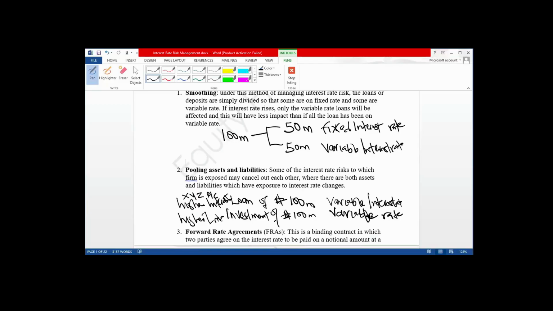The interest received can be used to cancel out the interest paid on your loan, because both the asset and liability are exposed to the same interest rate changes. This is what we call pulling assets and liabilities together.